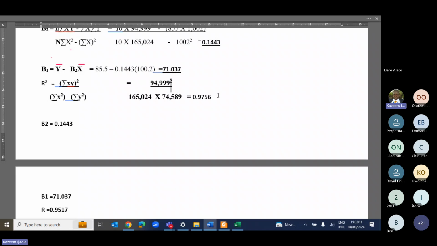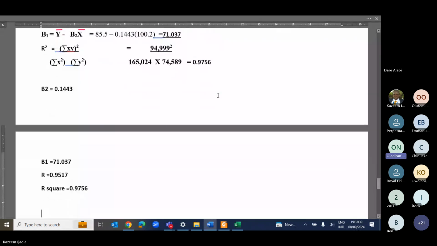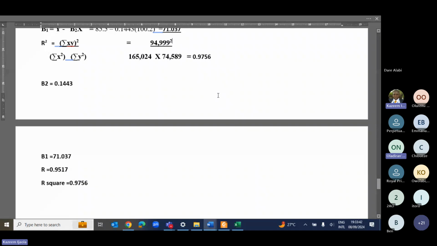So what do we have? I'm getting 0.7332. I don't know, maybe I don't know how to press this calculator.